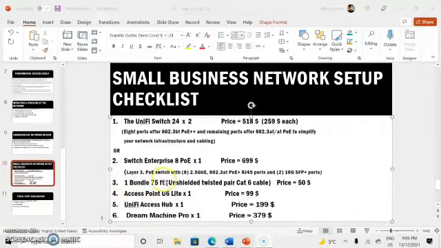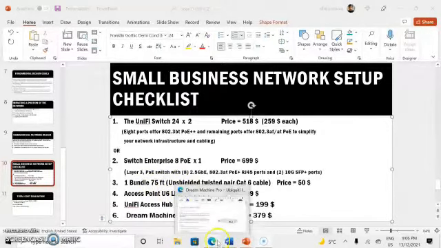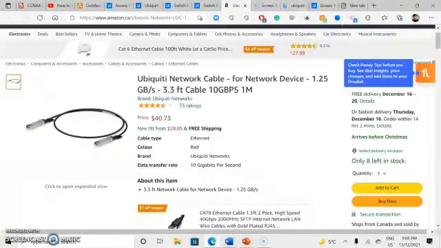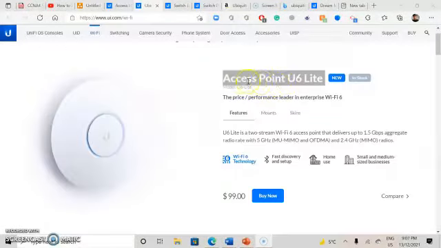Then you will need a bundle of Cat6 cable, either 75 feet or 100 feet, and it is available for either $50 or $100, depending on the size you want. And the access point U6 Lite is available for $99, so you need to buy one of it.